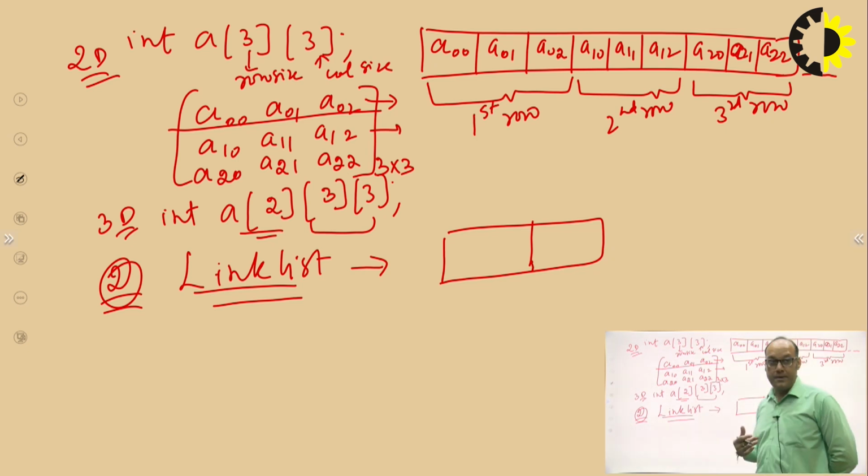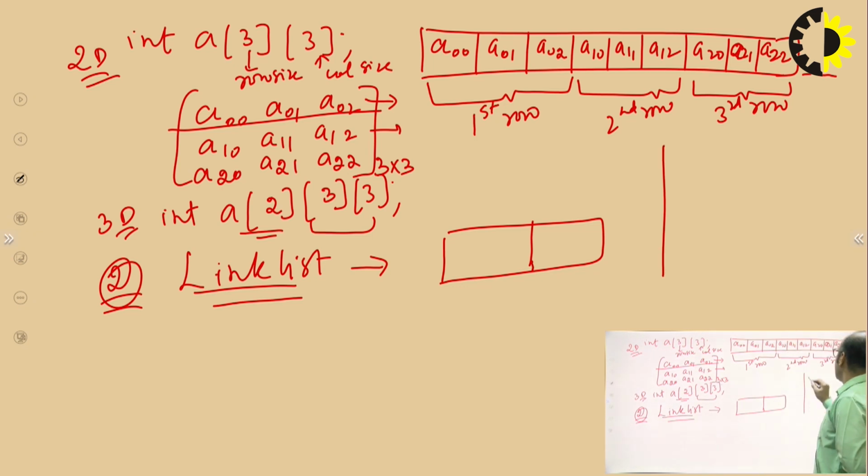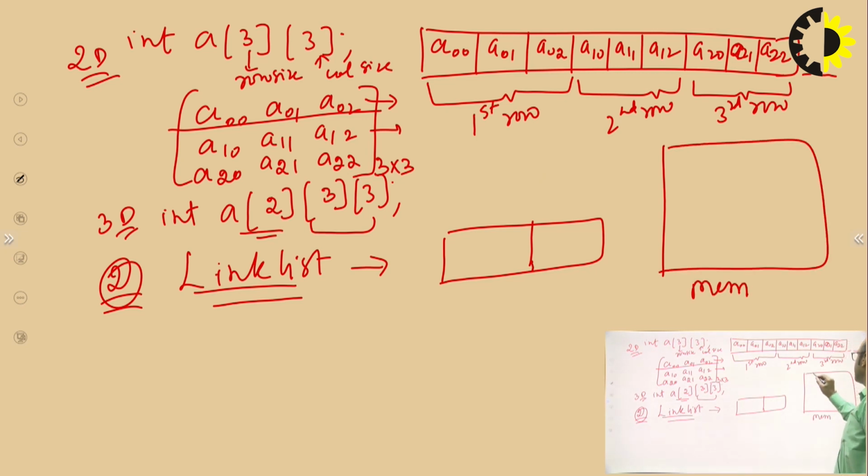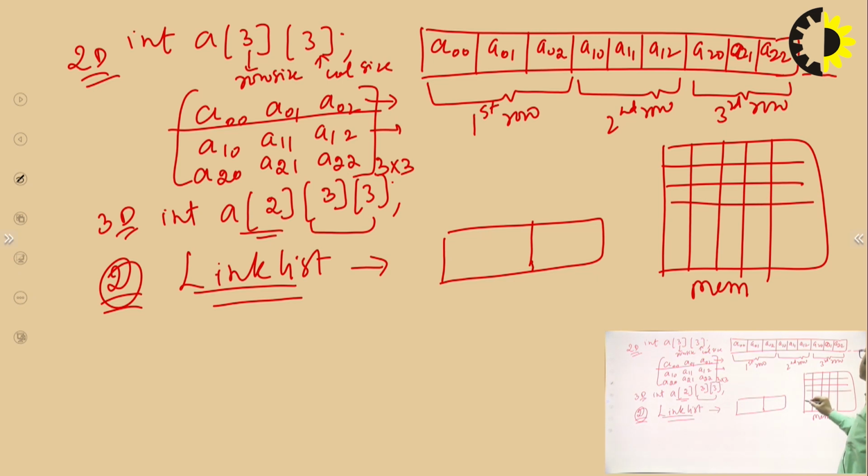Yes. Let me explain with the help of an example. For example, this is my memory. You know that memory is divided into tracks and sectors, right? In our memory, I fill up some space here.